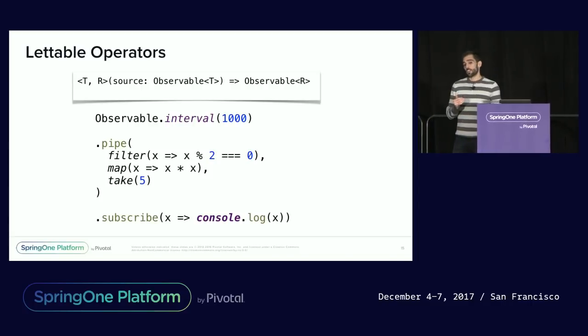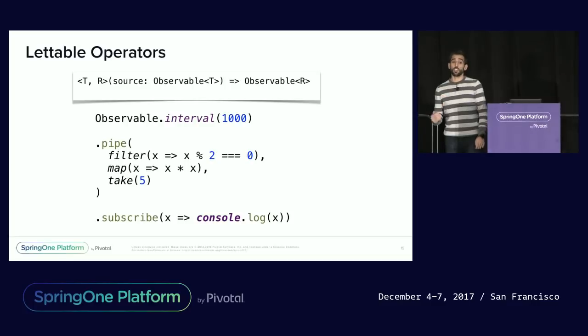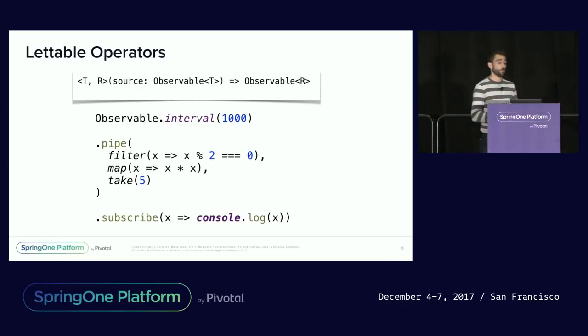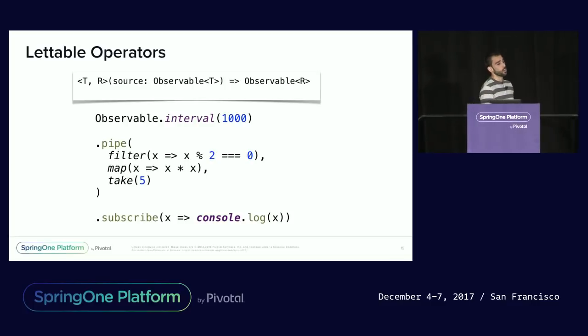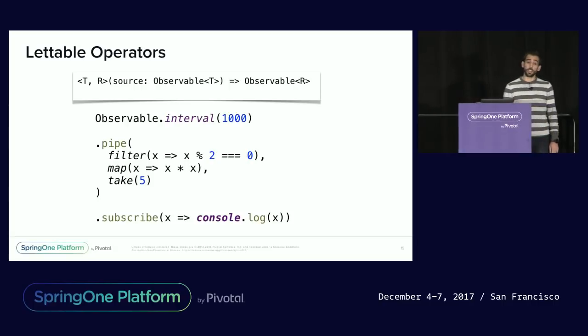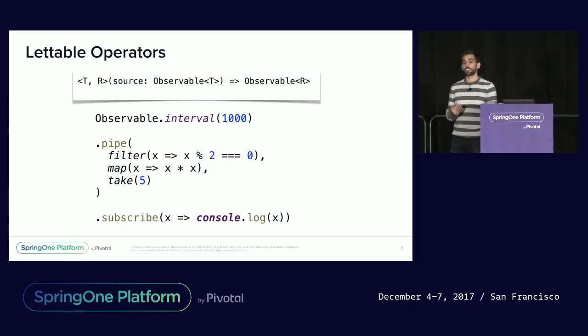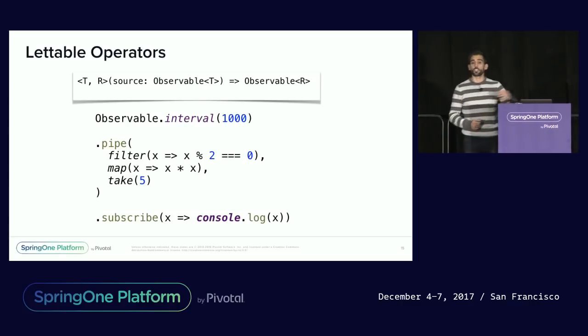So the operators allow you to use dot notation to basically chain these operators into the pipeline. But in RxJS 5.5, the lettable operators were introduced. And a lettable operator is nothing more than a function that takes an observable and returns an observable.